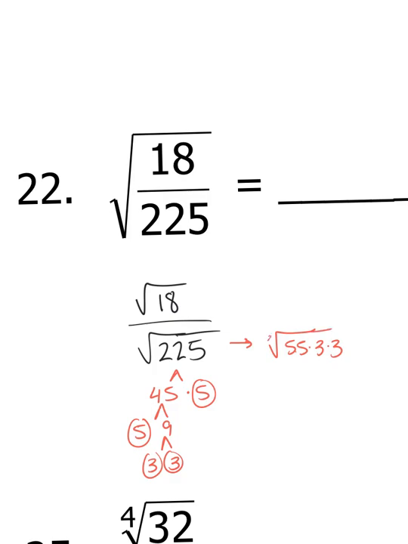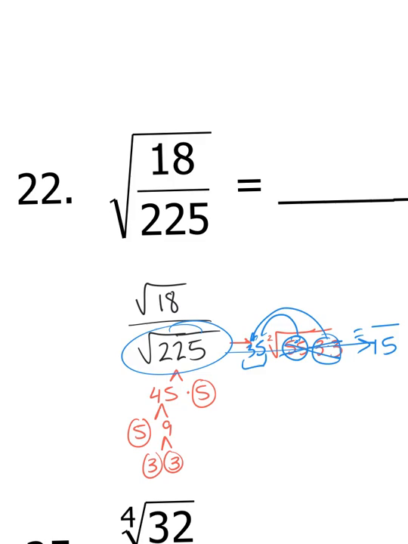I'm looking for a normal old square root, so that means I'm taking 2 out at a time. So this gives me a 5 on the outside, this gives me a 3 on the outside, so that means all together I think I have 3 times 5 on the outside and nothing left over on the inside, so the square root of 225 is just plain old 15. I knew it. This bottom number just reduced straight over to 15.